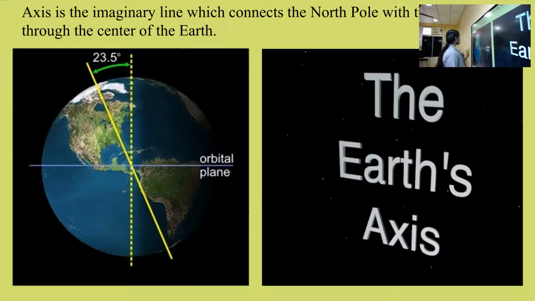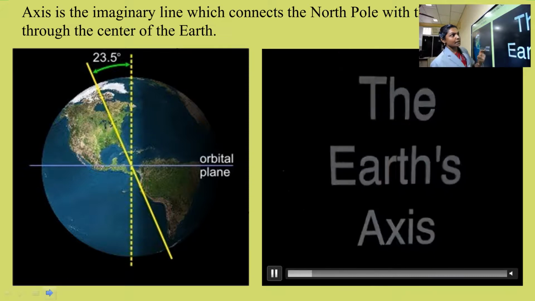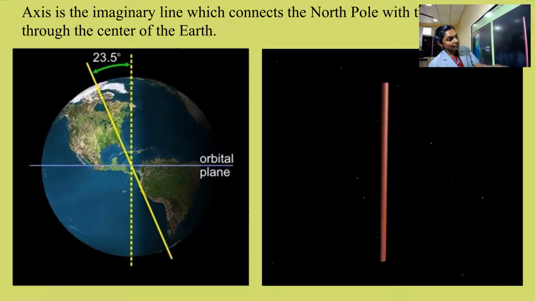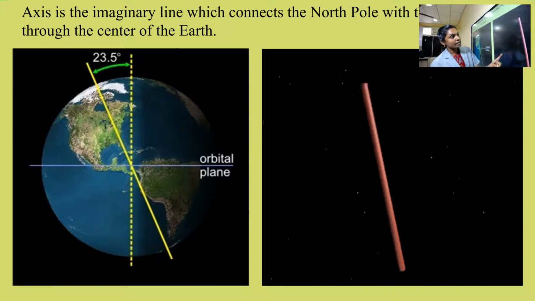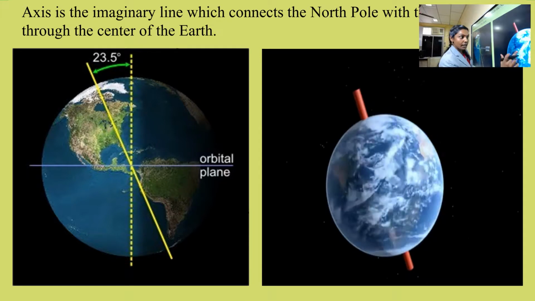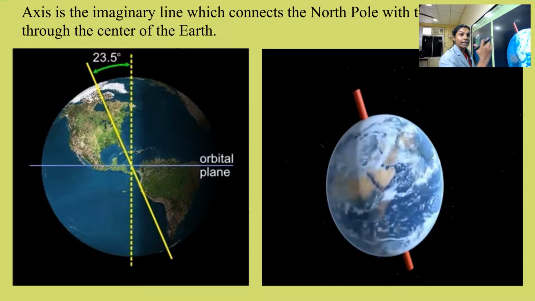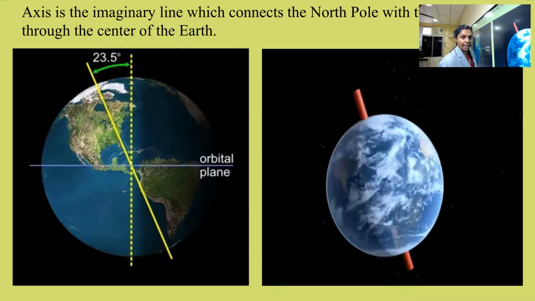So here you can see the video. One video is there. The Earth's axis. See the imaginary line called axis. It is tilted to about 23.5 degrees, and it is on this axis the Earth is spinning or rotating.